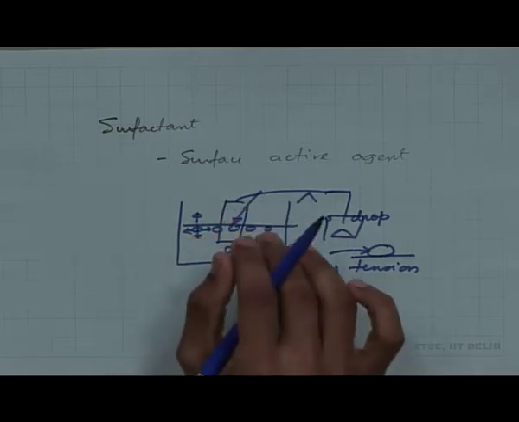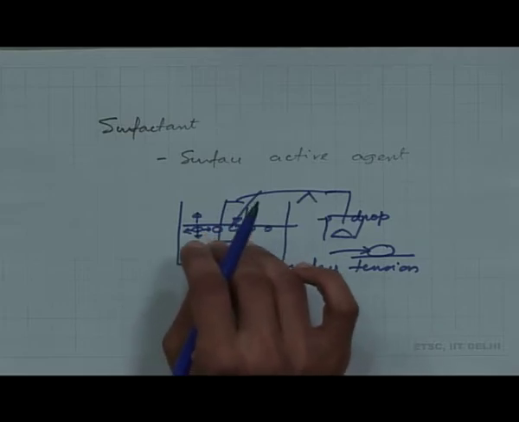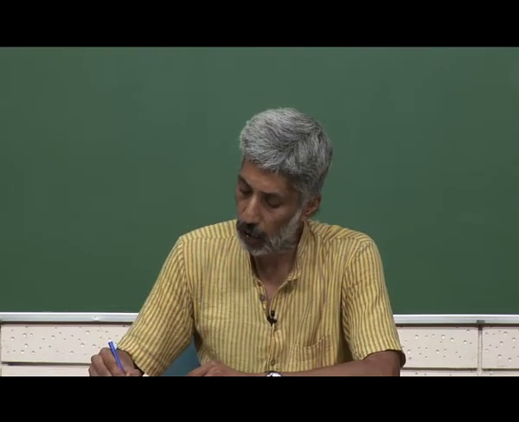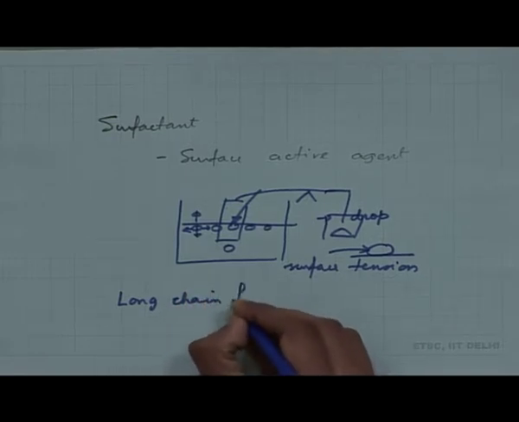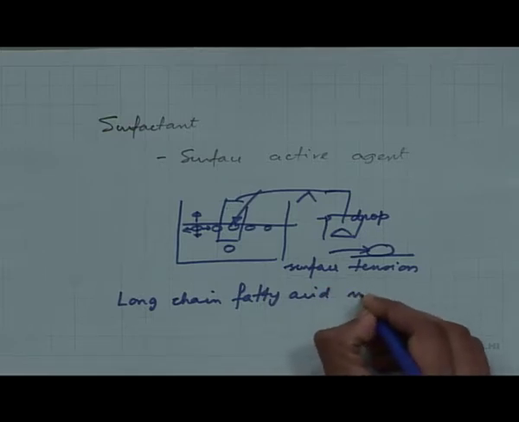What is important for us is how we modify the surface tension of the liquid by using some properties of molecules. So, the surface active agent that we typically use has a long chain fatty acid with a polar head group.